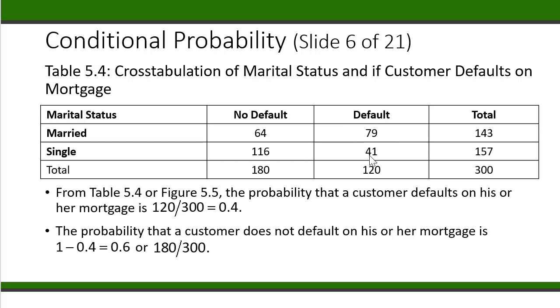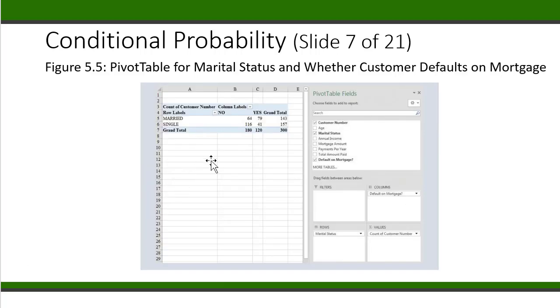So here's the default, and we've got a total of 120 out of those 300 that defaulted, so 40%. The probability the customer does not default on his or her mortgage is, remember, 1 minus the complement, so we get 60%, or 180 divided by 300 here. If we create that pivot table, I would suggest that you go ahead and try to do that. It'll look similar to this.